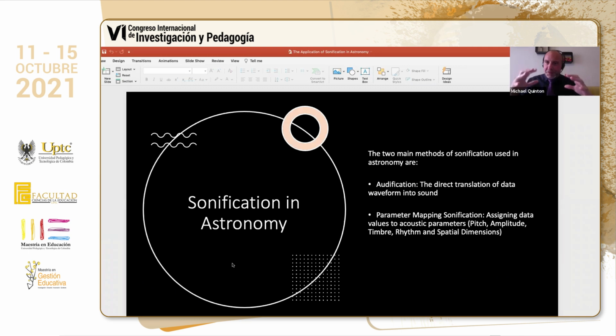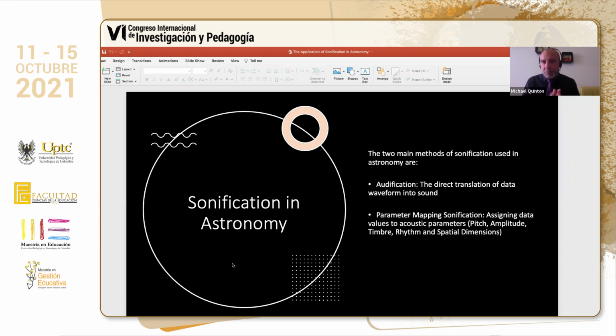So from this activity of sound waves, it's called astroseismology, astronomers can actually measure the size of the star's surface and how it's fluctuating according to the sound waves that are bouncing on the surface of the star. So again, that would be audification. They audify that data, and they can hear.